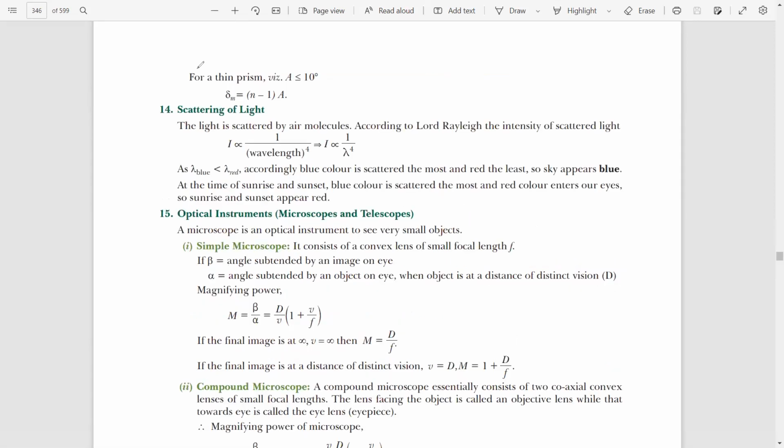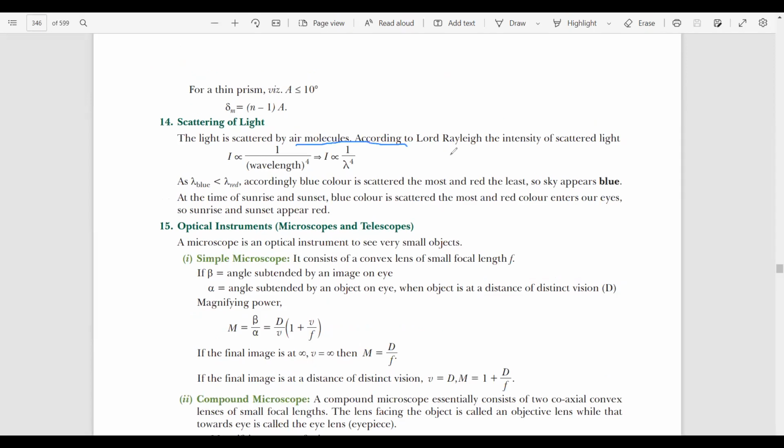Scattering of light. Light is scattered by air molecules according to Rayleigh. The intensity of scattered light is inversely proportional to wavelength to the power 4, not 4 times.